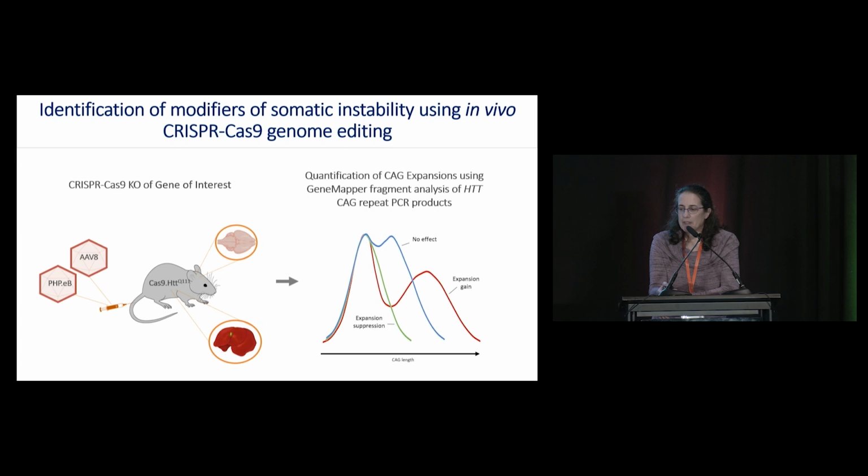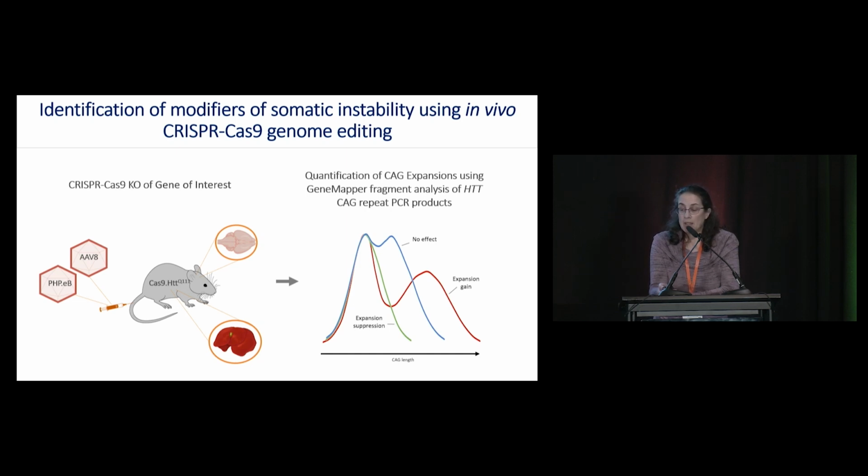Having done a lot of genetic crosses in mice for a very long time, we developed this to speed up the process of identifying genetic modifiers and testing modifier candidates as they come out from the GWAS. And so this is based on the knock-in Q111 line crossed with mice expressing Cas9.